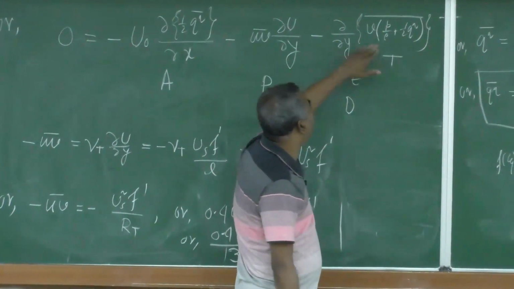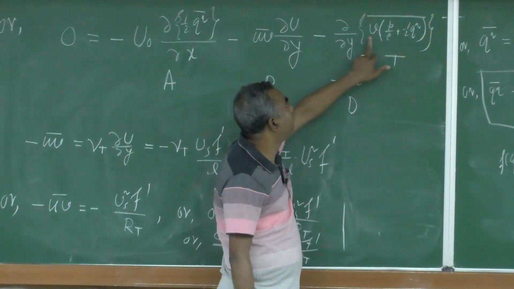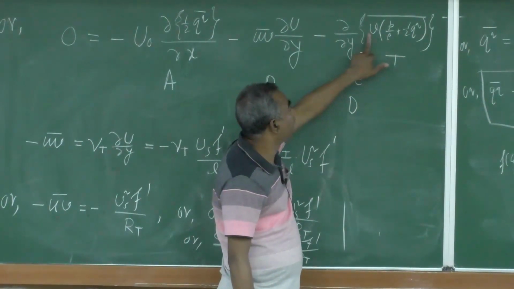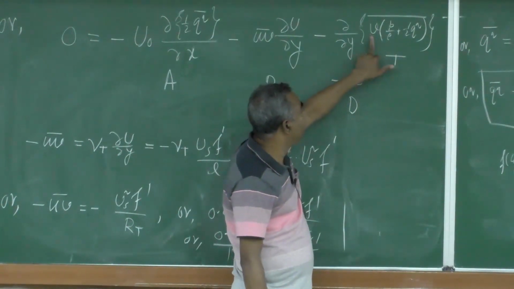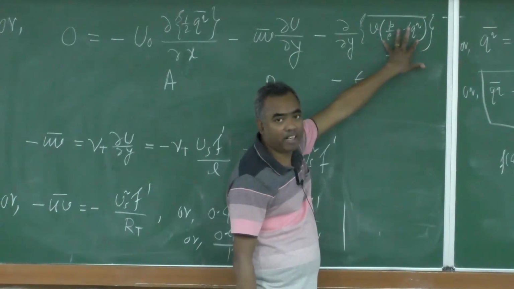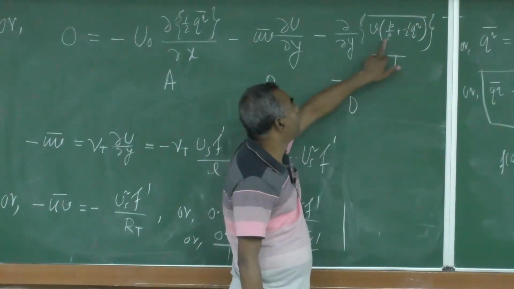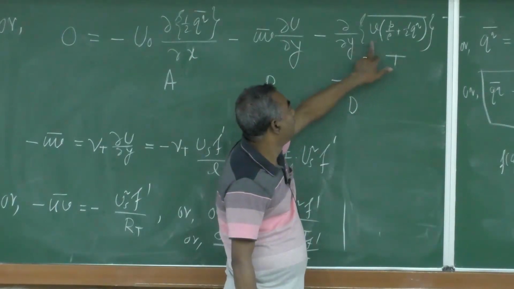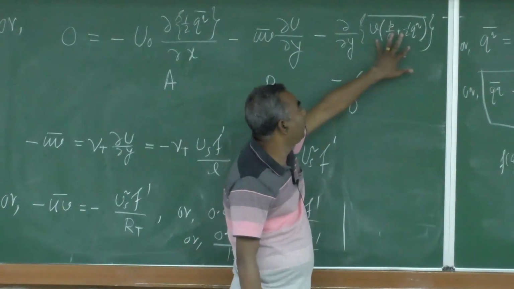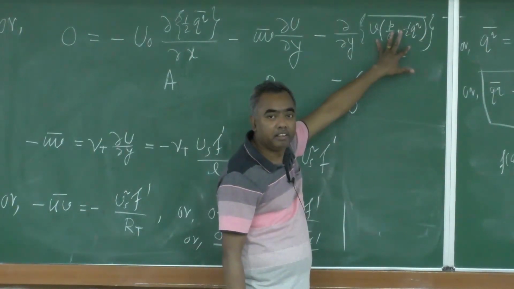So this particular quantity, what is it? It is a correlation between the V variable and the variable inside the bracket. If we forget the special term, then we can consider this particular correlation like your u v.